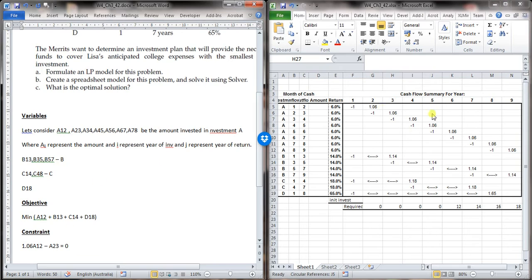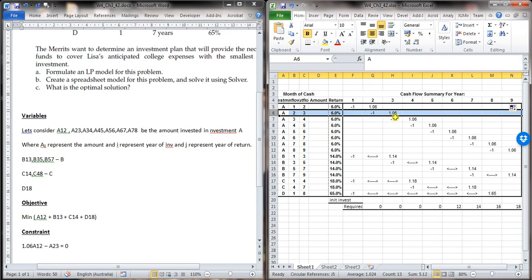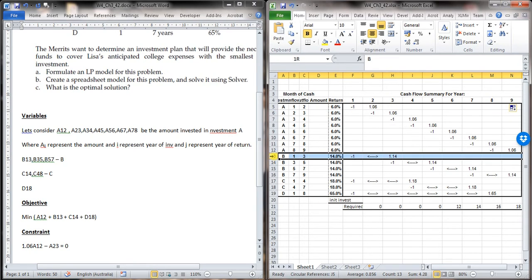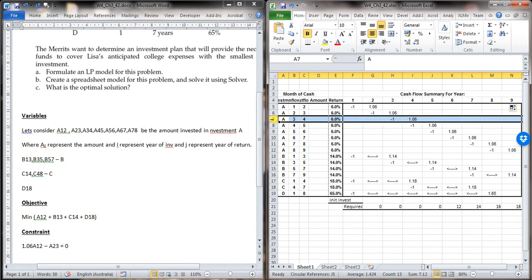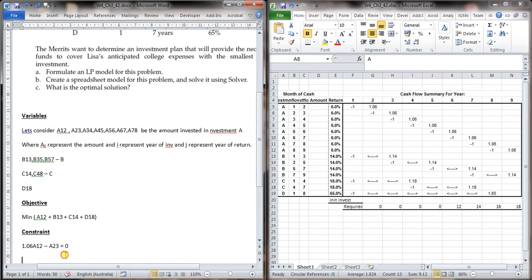Similarly, when we go to the end of year 2 constraint, it should be 1.06 A23 plus 1.14 B13 minus B35 minus A34 should be equal to 0.